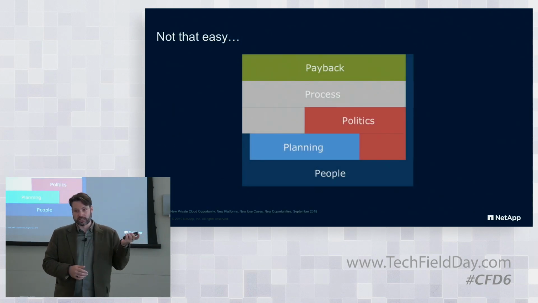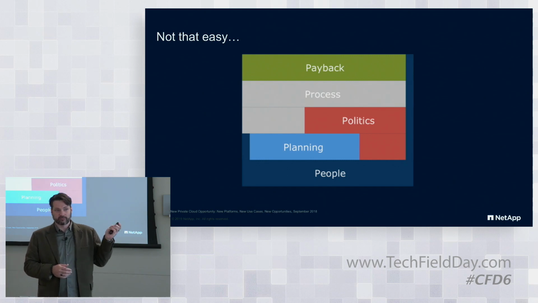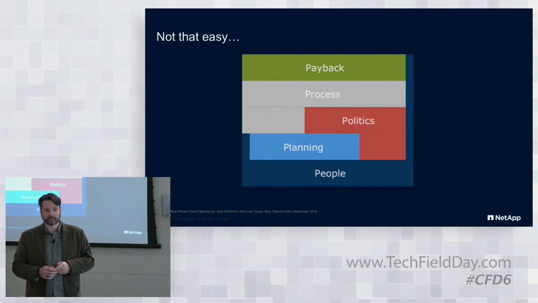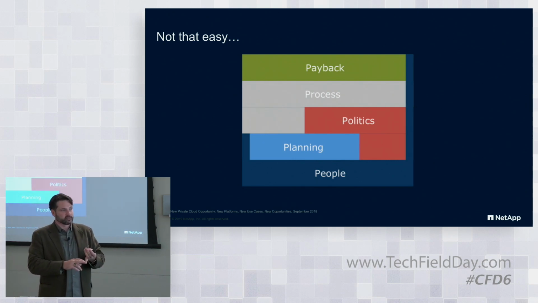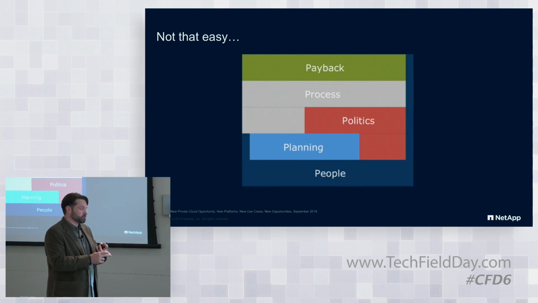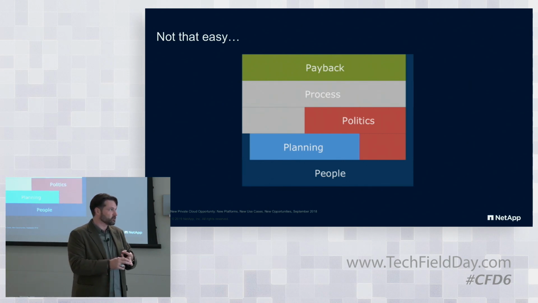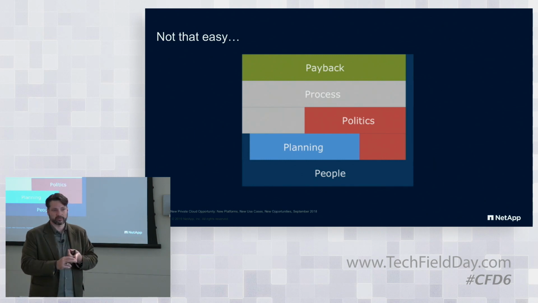But it's not easy to change. There are 5 keys that make it hard to change, and moving to the cloud from our traditional customer base, there's a lot of people involved, there's politics involved, there's a lot of planning, and those things take time. Migration efforts could be quite onerous.